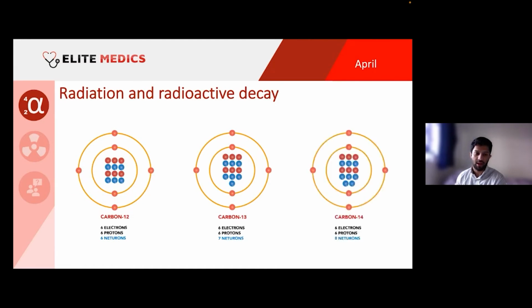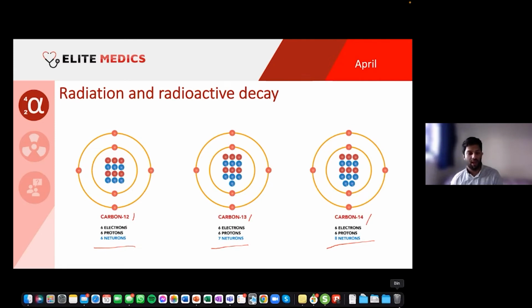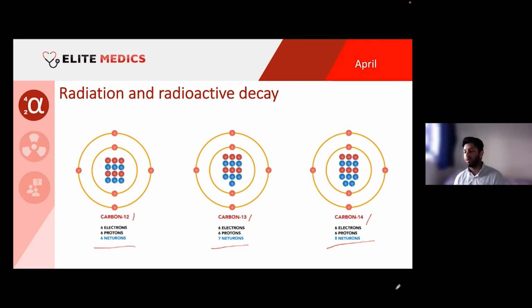So, anyone know what the term for this is? For these different atoms? So this is carbon-12, this is carbon-13, and this is carbon-14. Does anyone know what term I would use to describe all three of these collectively?